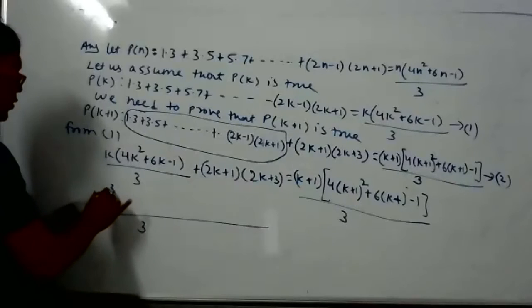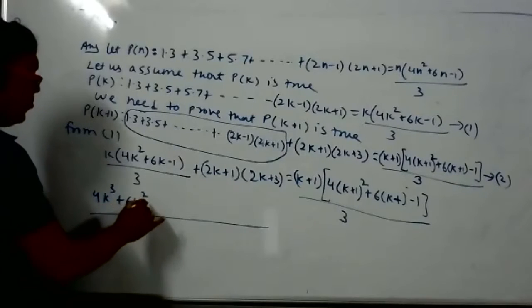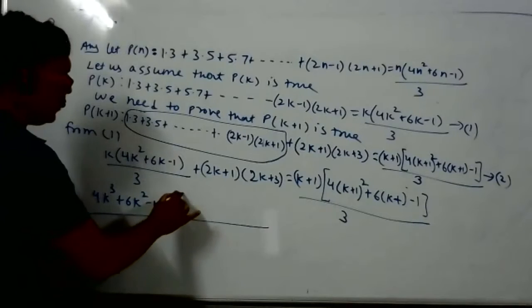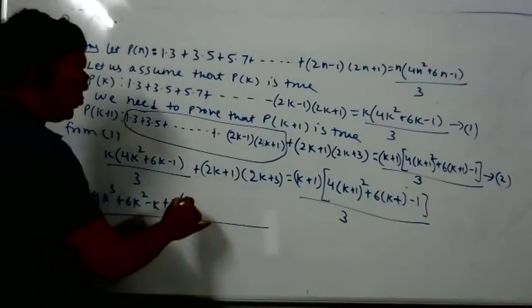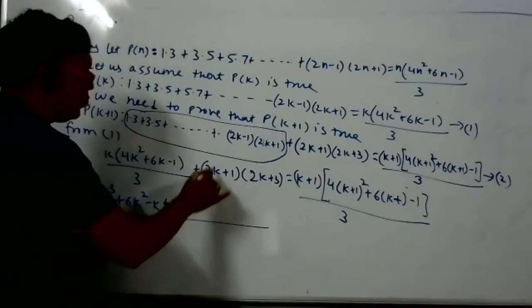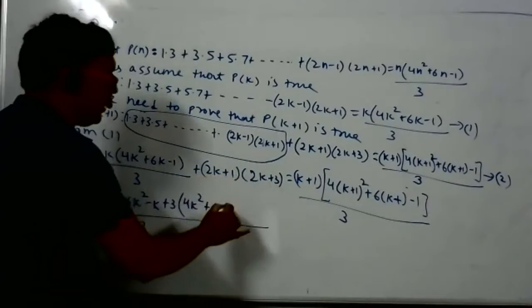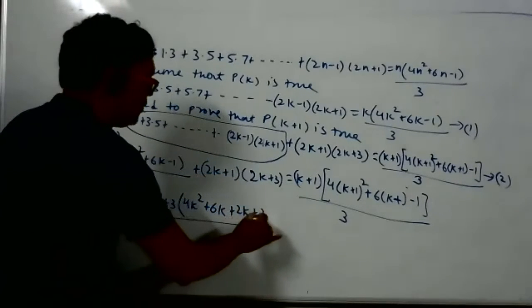4k cube plus 6k square minus k. Cross multiply 3, so it will become 3. Open the bracket: 2k into 2k, 4k square, 2k into 3, 6k, 1 into 2k, 2k, just simple maths. Just open the bracket.